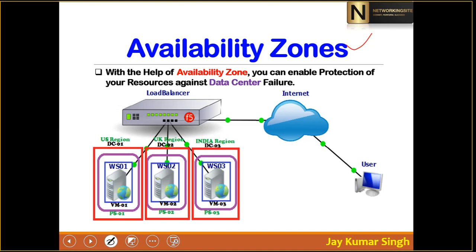Your one data center is availability zone 1, the second data center is availability zone 2, and the third data center is availability zone 3. If one is down, no problem, you have another data center.